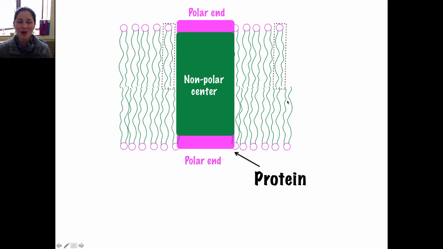Notice how these structures are organized and made based on attractive forces alone. Attractive forces between polar groups and nonpolar groups with water are enough to make these structures form. This is the chemistry of the cell membrane.